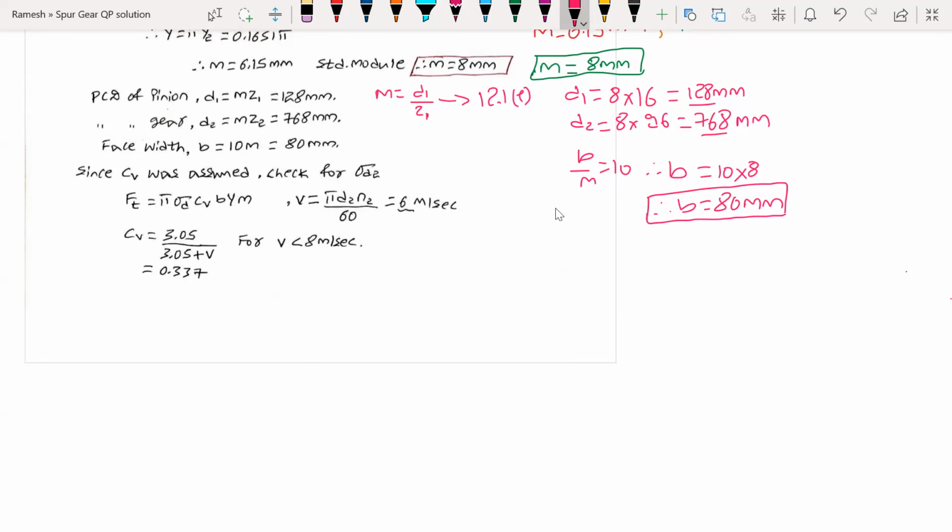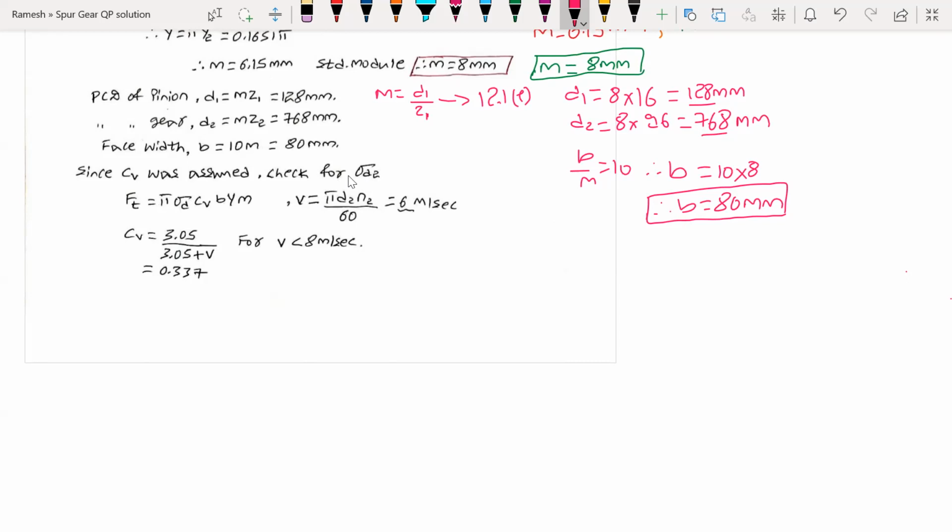Whatever sigma d you are going to get, the permissible stress, it should be less than the permissible stress of the given data or given gear. Here you can see that since CV is assumed as 0.5, we need to check for sigma d2, that is the permissible stress which you are going to obtain.